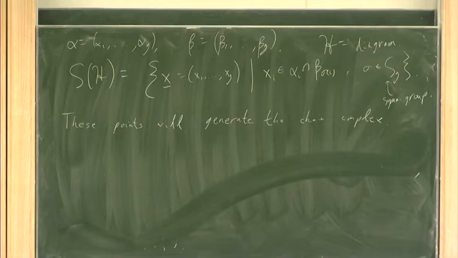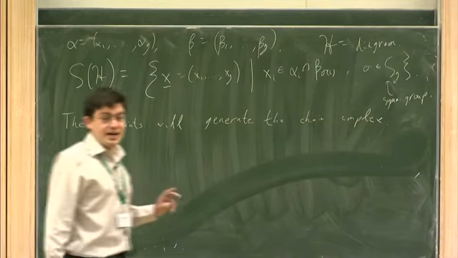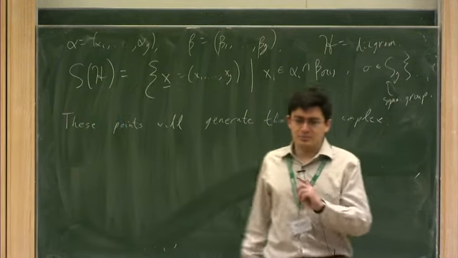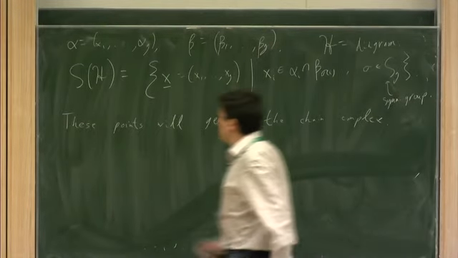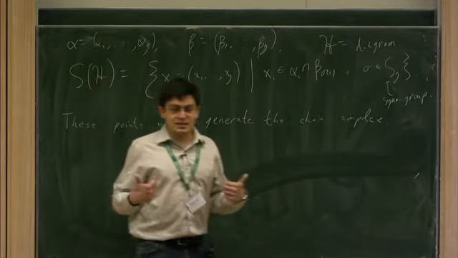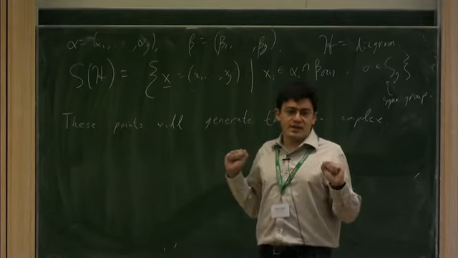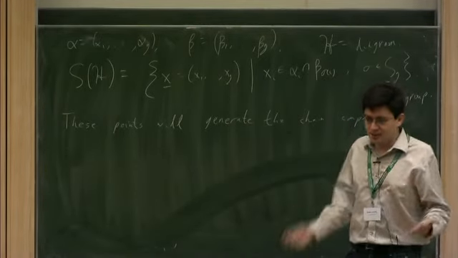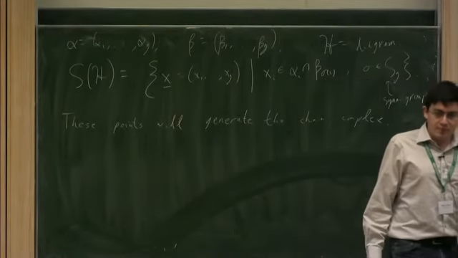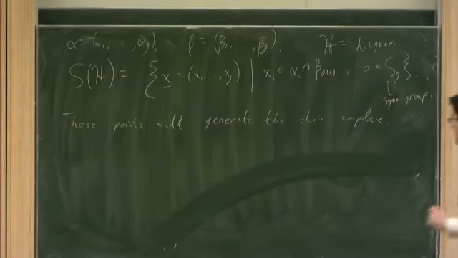If I want to get a presentation for, let's say, either pi1 or H1 of the 3-manifold, okay? As I said, we oriented the surface. I also want to treat all of the alpha and beta curves as having some orientation. Ultimately, things aren't going to really depend on that, but I want to have those things be oriented.